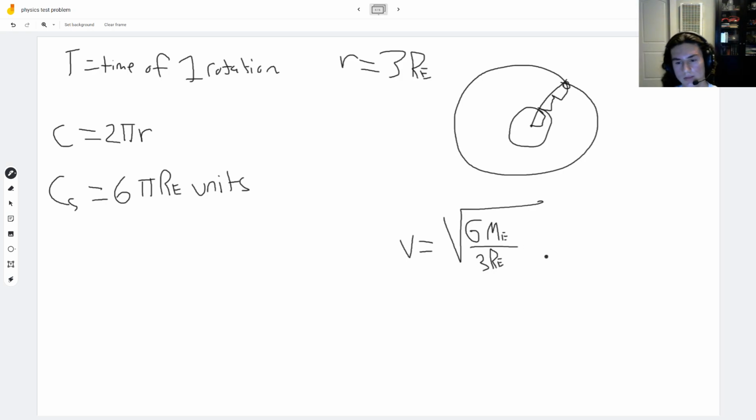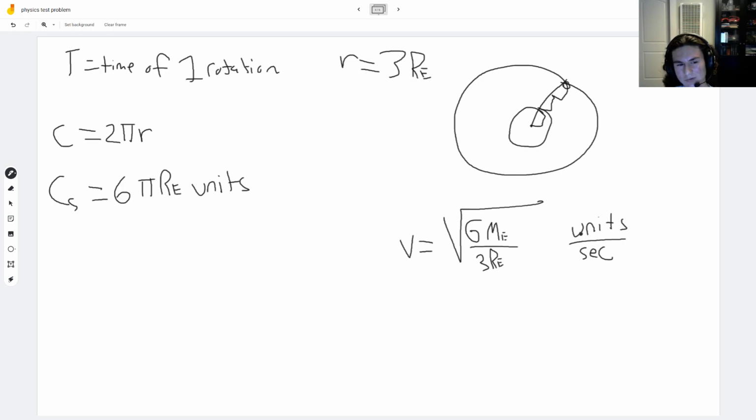So this velocity is going to be units over seconds, or if we are unsure about that, we can say over time. I'm going to just say seconds, because it's probably in seconds given the mass and everything.